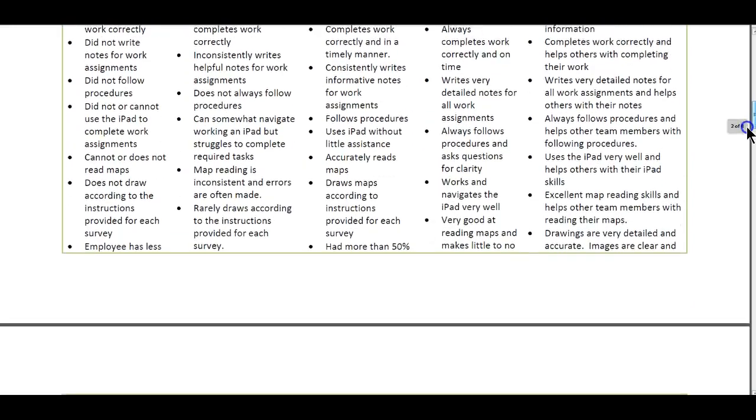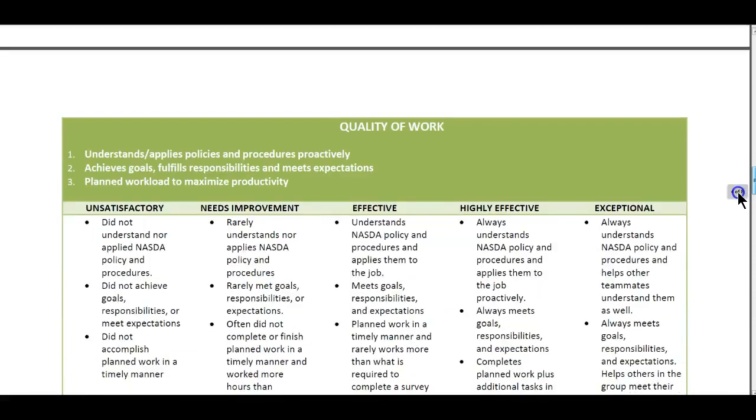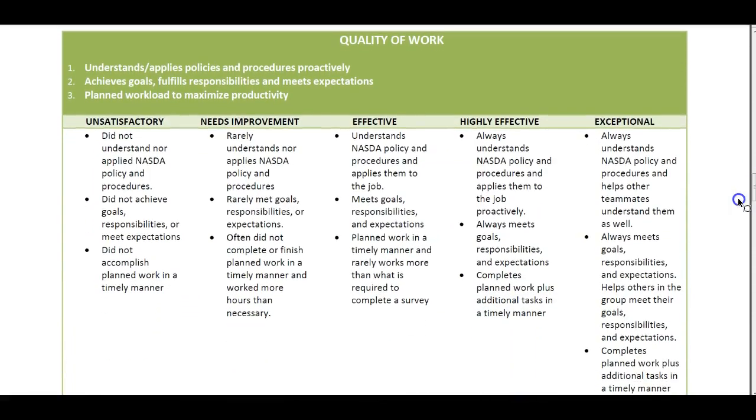So this is a good thing to look at throughout the year to make sure you know what you're going to be rated on. If you want an effective, you need to make sure you're hitting all these bullet points. If you want highly effective, it shows you what you need to do to be highly effective. If you want to be exceptional, it's going to outline what it means to be an exceptional employee and to get that on your evaluation.